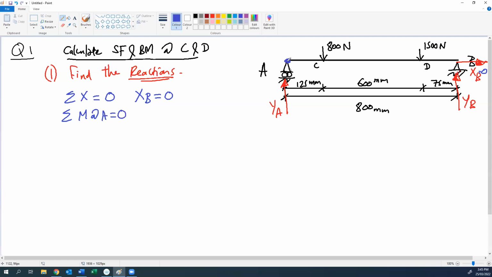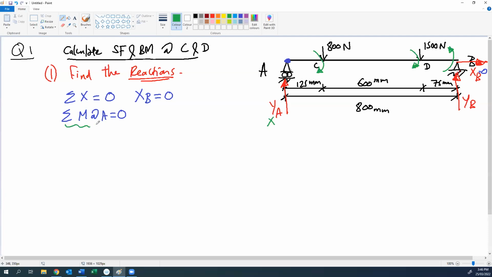If we are at A, what causes moment at A? YB will rotate in this direction, 1500 will cause moment in this direction, 800 will cause moment in this direction, and YA will not have any moment in this case.